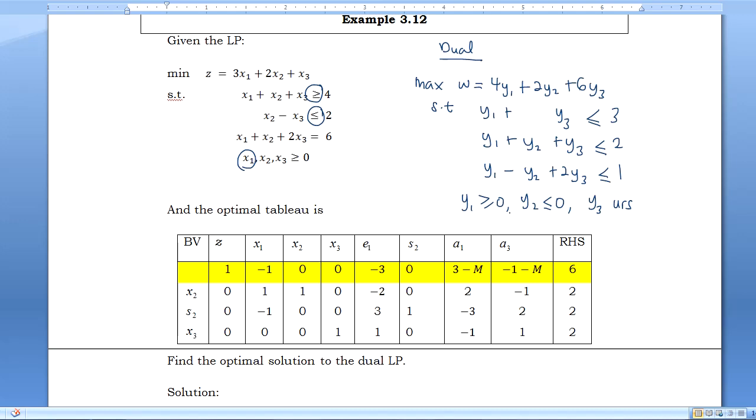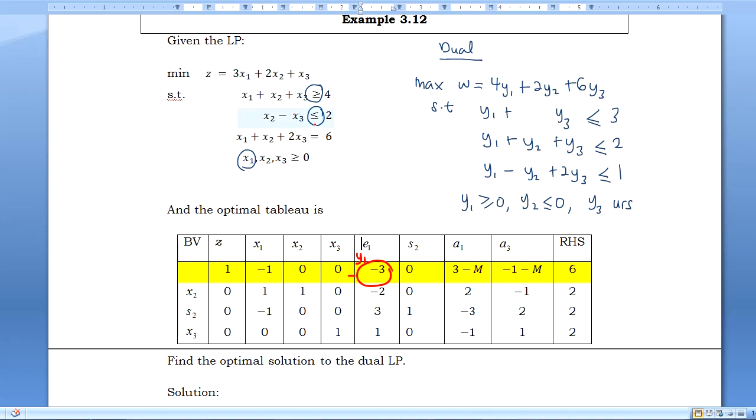Okay, y1 corresponds to the first constraint in the primal. The sign of the first constraint is greater than or equal to. Therefore, y1 is equal to the coefficient of E1 times negative. So this is the value for y1, but we need to multiply by negative. Next, y2.